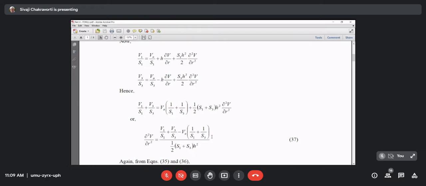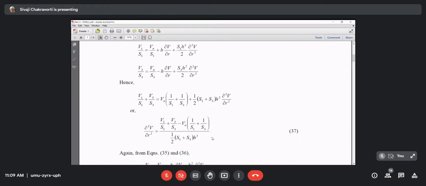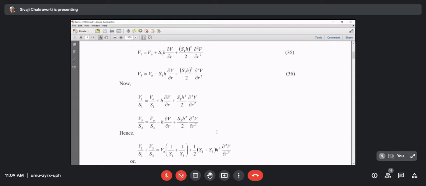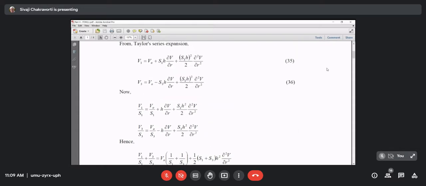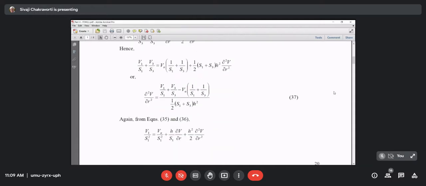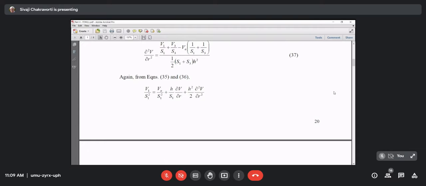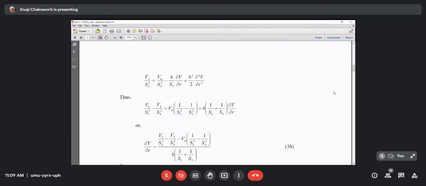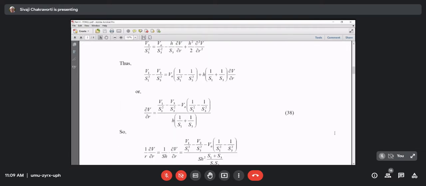And if you do that, you arrive at equation 37. That's for the second order derivative, that is del 2v del r square. But then we have to find out also del v del r from equation 35 and 36. So we eliminate del 2v del r square, and we arrive at equation 38, which is del v del r.